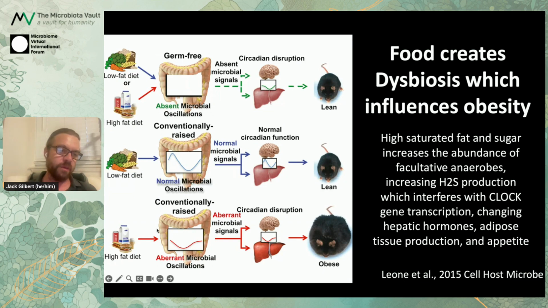What we're able to identify here was that a high saturated fat, high sugar diet creates aberrant microbial changes over time, which lead to an increase about an hour after food consumption in the level of hydrogen sulfide in the bloodstream, which corresponds very well to an increase in hydrogen sulfide producing bacteria in the gut, which can lead to a disruption of the transcription of clock genes in the liver, host clock genes that is, which leads to the liver perceiving time differently from the brain, which alters the adipose tissue production by changing hepatic hormone activity and also leading to an increase in appetite.